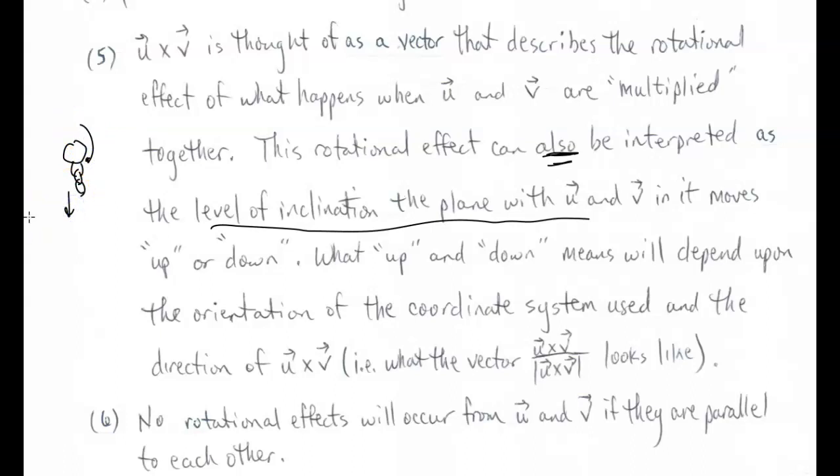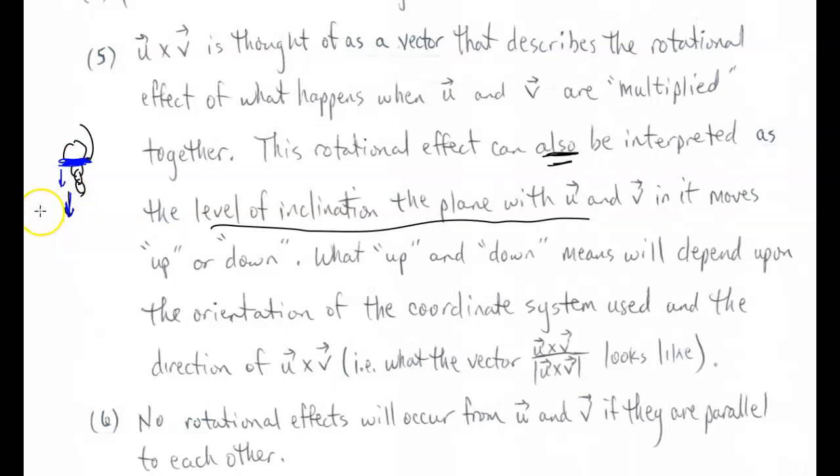So my point here is that, let's say right here, and I'm going to switch colors just to make this point, is the plane where the vectors u and v act upon each other. In this plane, if we are applying vectors u and v such that we have this clockwise rotational motion, that is going to make the screw go down, like how I said. What that's also going to do is make this plane go down.